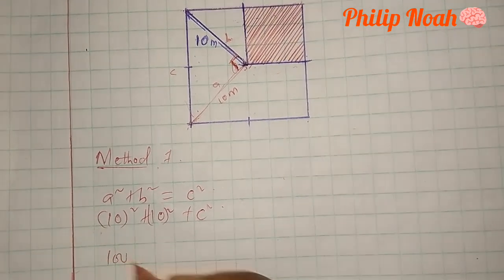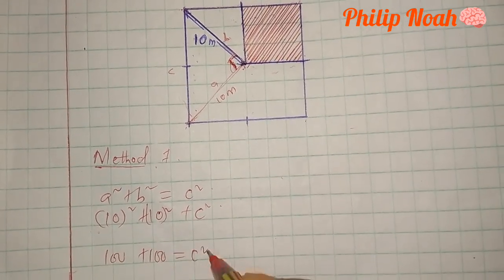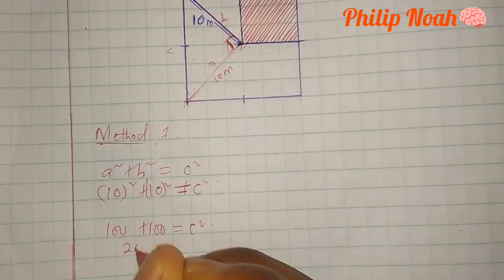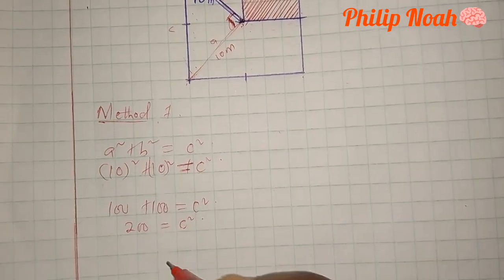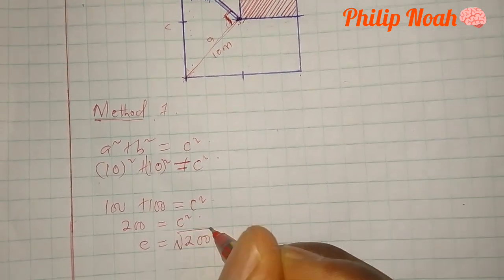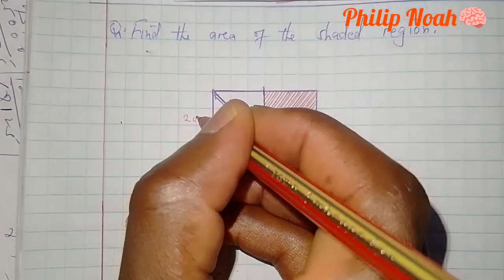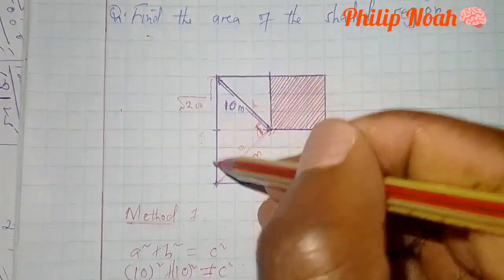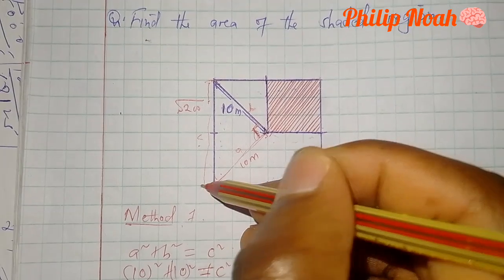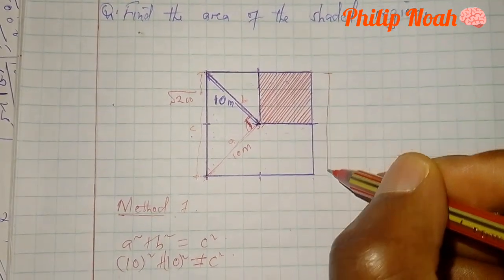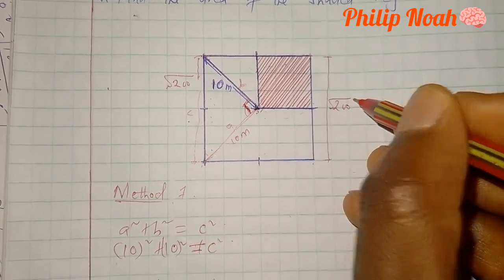So 100 plus 100 is equal to C squared. 200 is equal to C squared, meaning that the value of C is the square root of 200. So this side is the square root of 200, meaning that the other side, from here to here, is also the square root of 200.